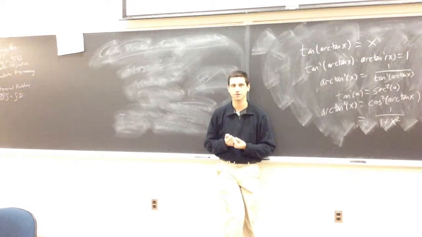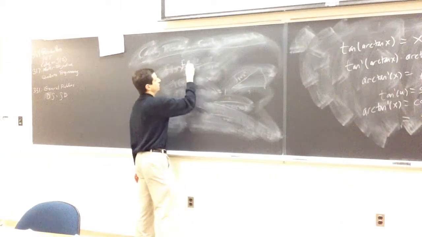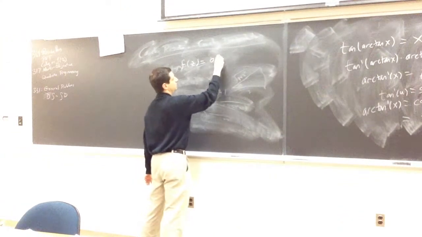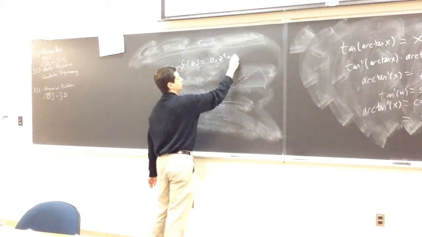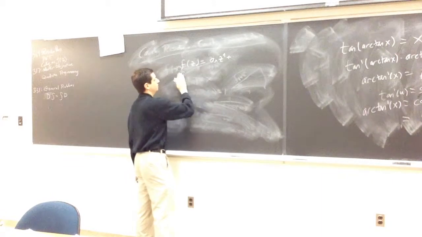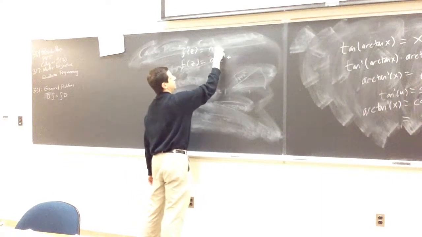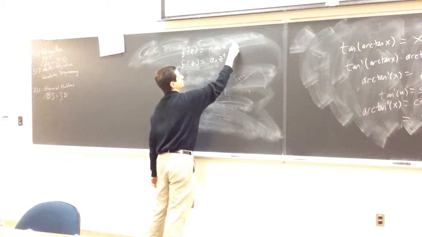You integrate f prime over f, and we saw that this just gives you the order of the zero or the pole. Say f of z is a_n z^n plus dot dot dot. I'll just do it centered at 0. f prime of z is n a_n z^(n-1) plus so on.